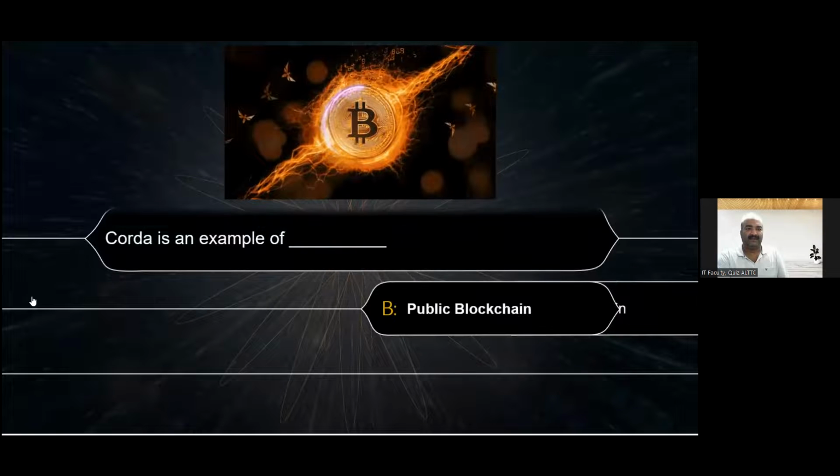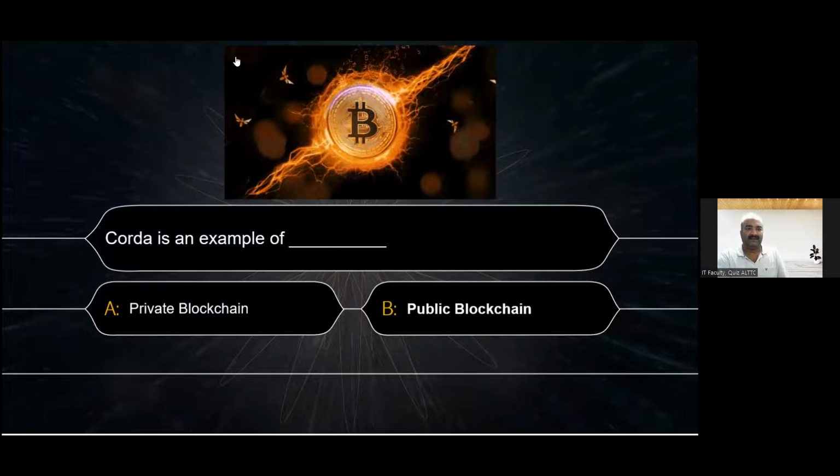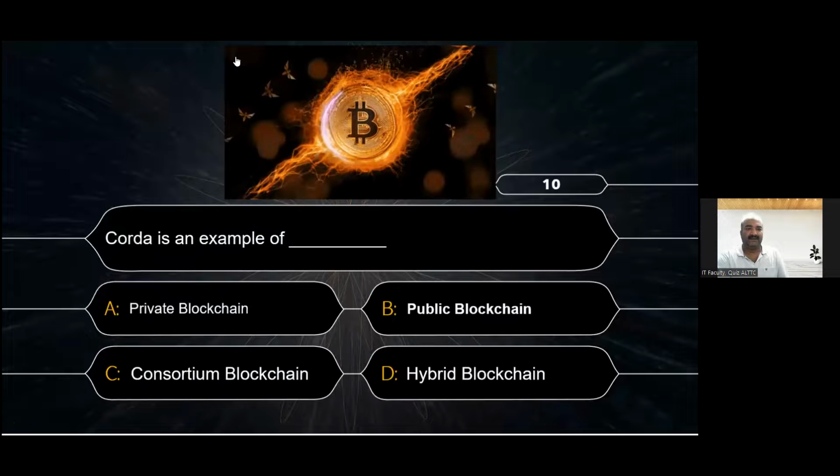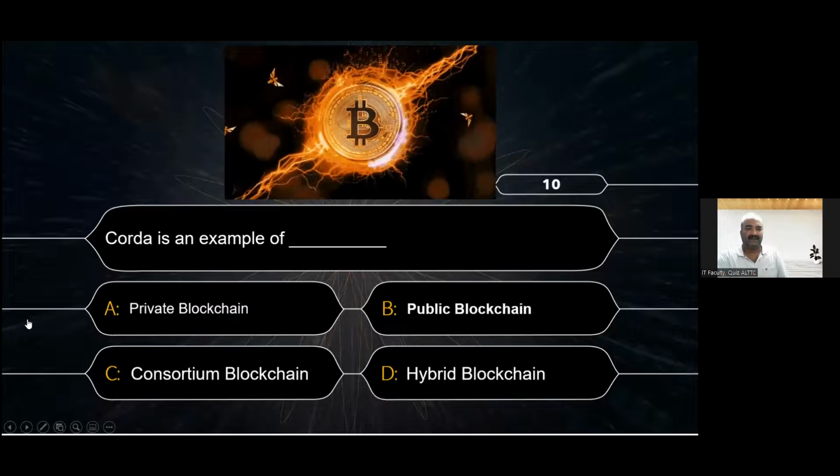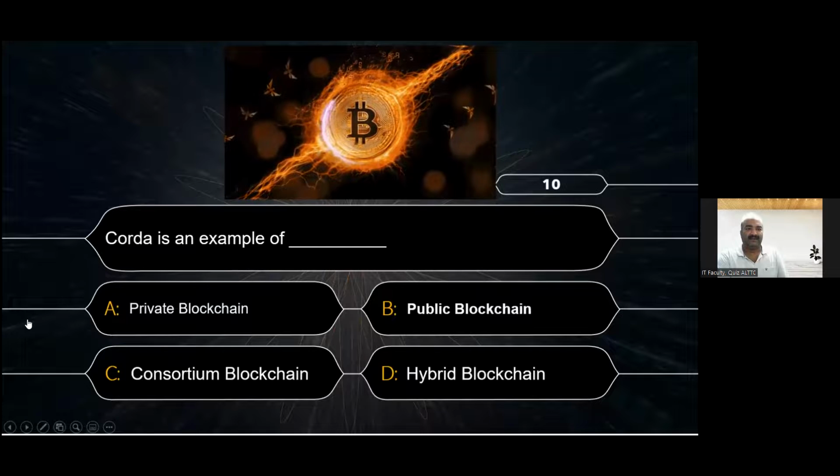The question is: what is an example of... and the options are A, private blockchain. Option B, public blockchain. Option C, consortium blockchain. Option D, hybrid blockchain.